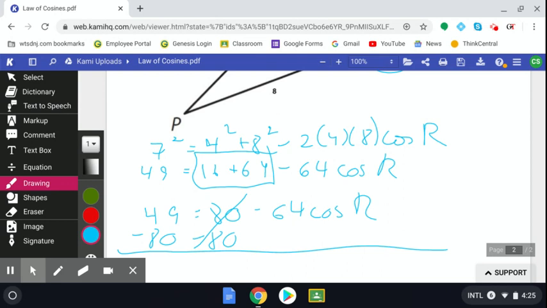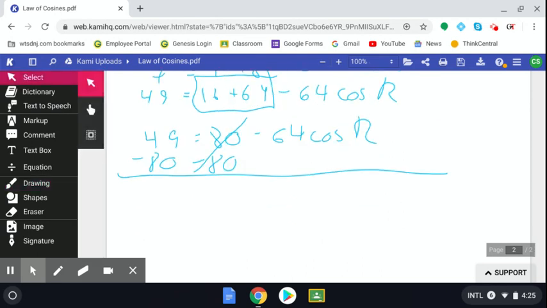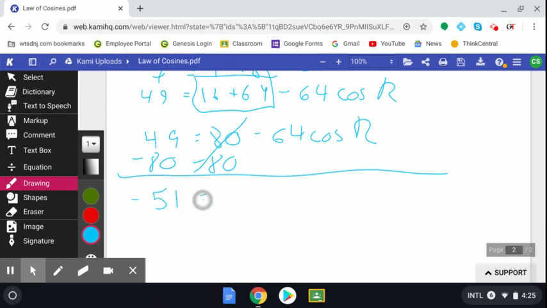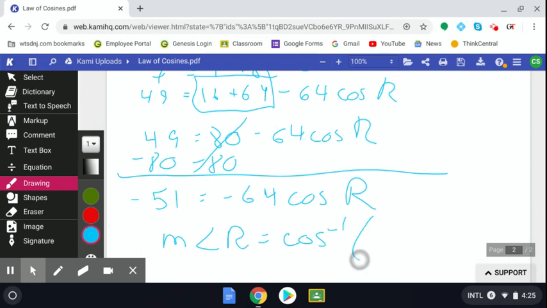So negative 51 equals negative 64 cosine R. So once again, if you want to find the measure of angle R, you're going to have to do inverse trig. So it's going to be inverse cosine, and two negatives make a positive, so 51 over 64. You get the measure of that angle, which should be about 37.2 degrees.